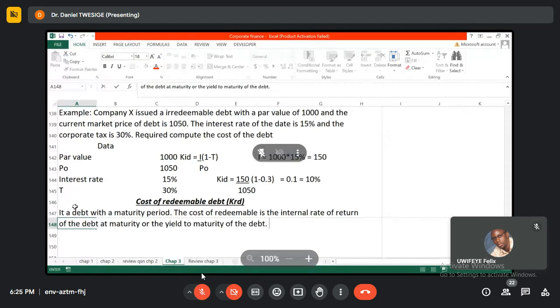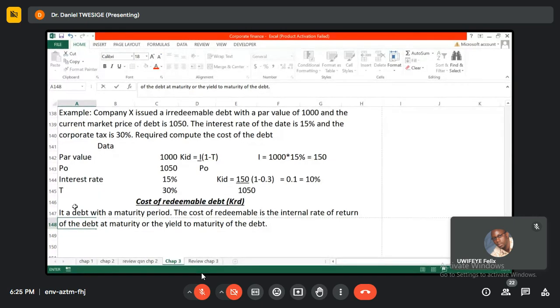So when you are looking for redeemable, we said a redeemable debt is a debt that you are going to pay back, which has got a maturity period. So when you are looking at the cost, what you are looking at is the IRR of that debt, or sometimes we call it the yield to maturity of the debt.